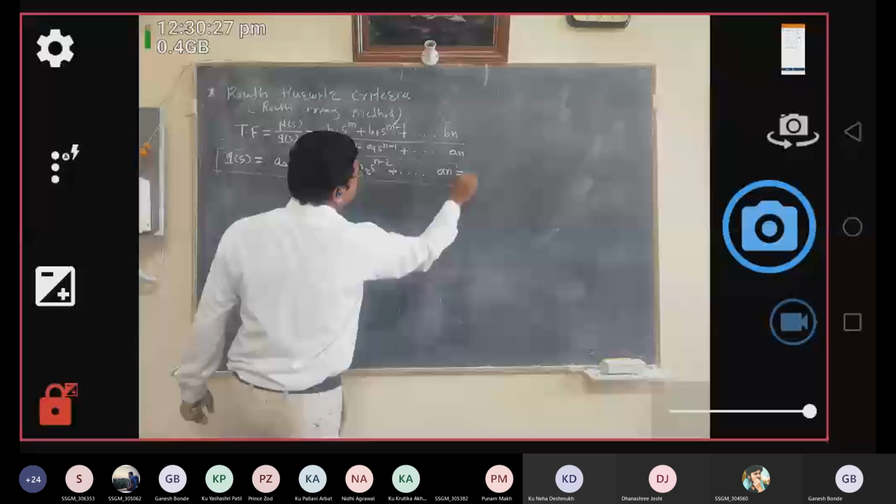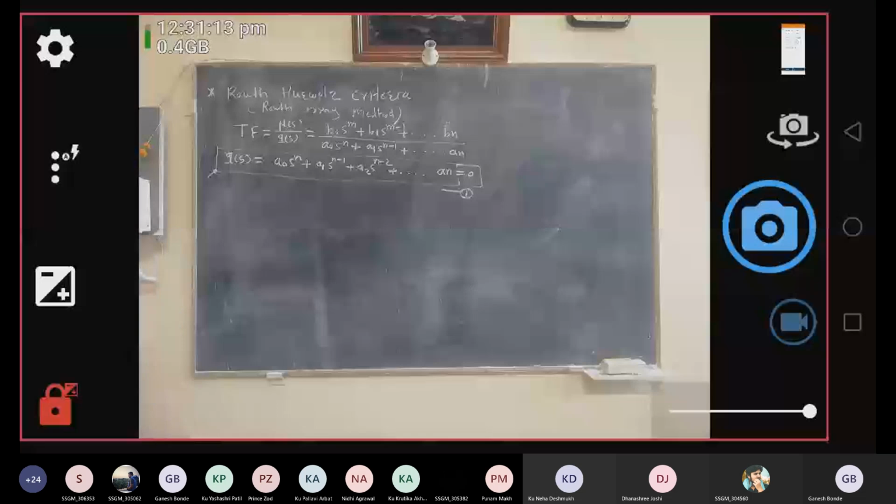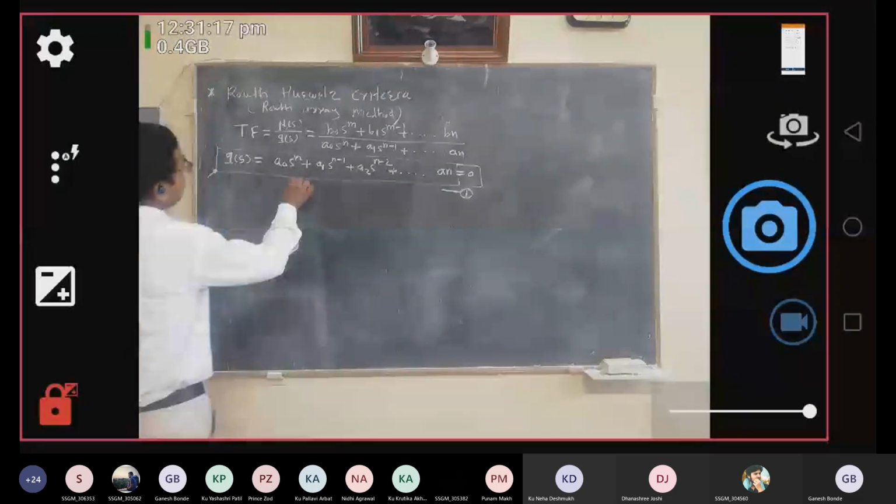But for fourth order or fifth order, it is a very time consuming process. So how do we decide the stability? For that purpose we use the Routh Hurwitz criteria method, and within a short time we can easily find the stability.